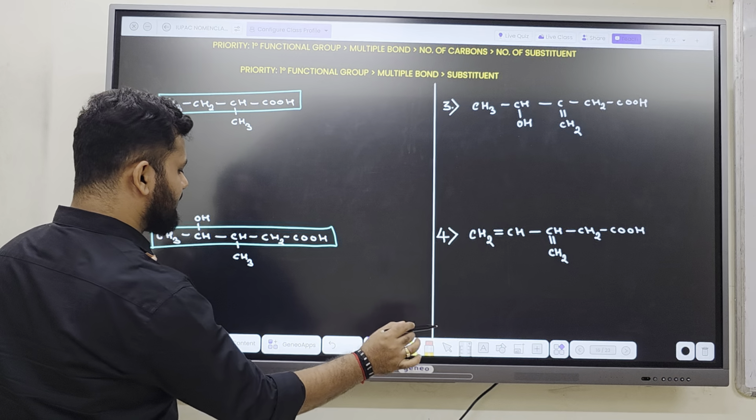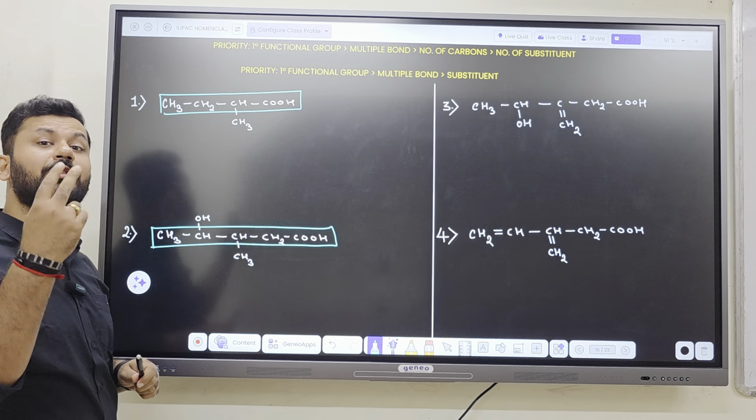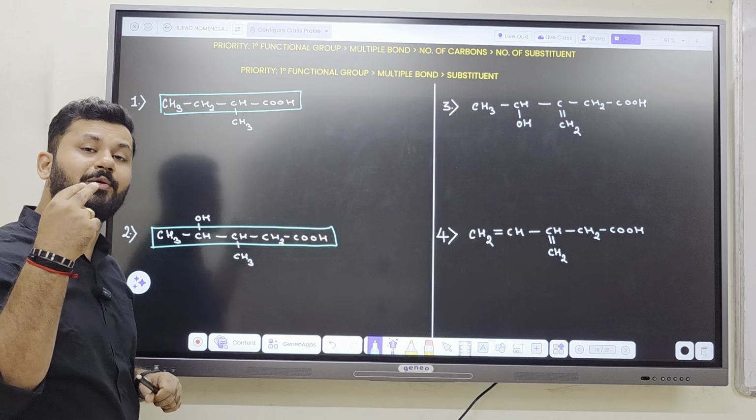Coming back to this. Now, once you selected the PCC, your majority work is done, because now you have to number it, and there are only two ways of numbering. Go from left to right, or you go from right to left. So I will check the priority list. Sir, I have to assign, this is the priority for numbering.